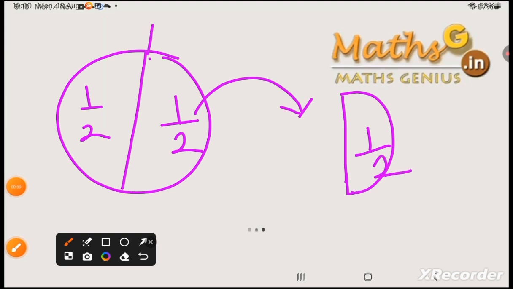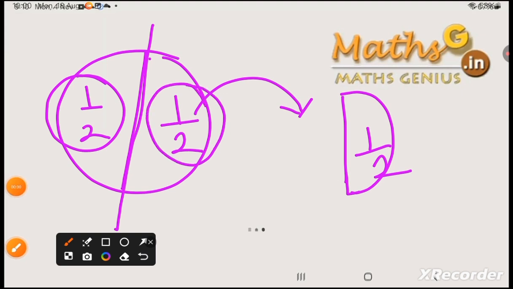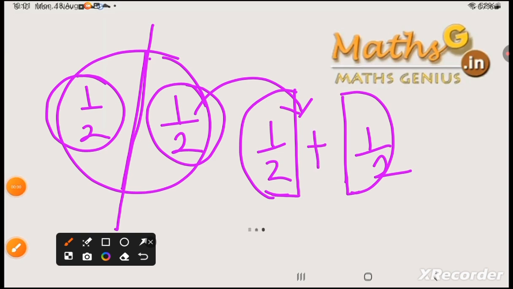If we cut this cake in the middle into two equal parts, then there will be two fractions, half and half. If we separate the two fractions, they will lie like this. And if we join them, again we will get back the whole cake.